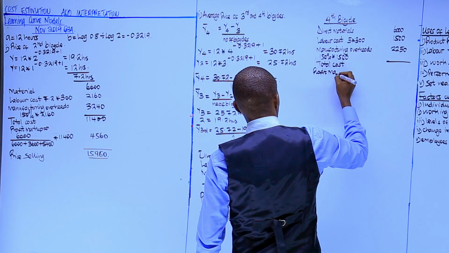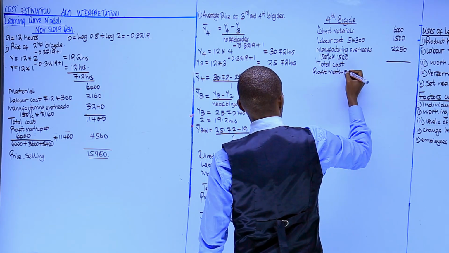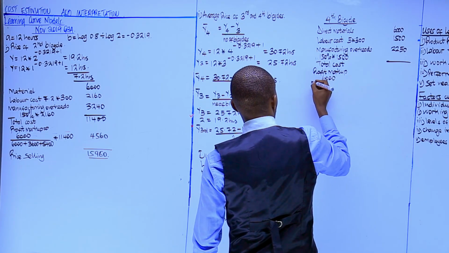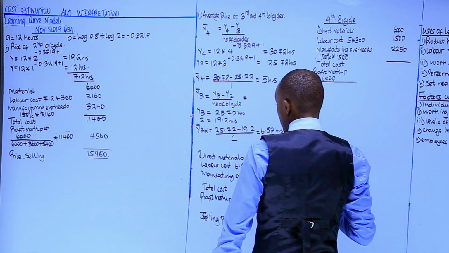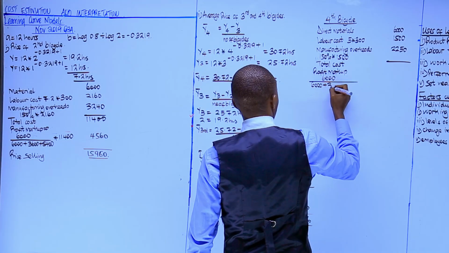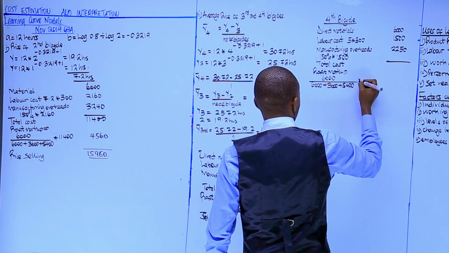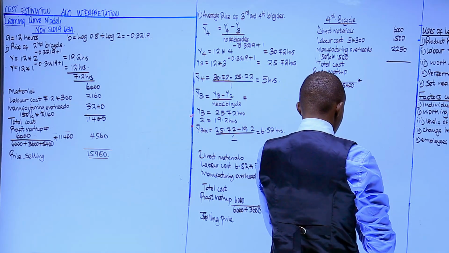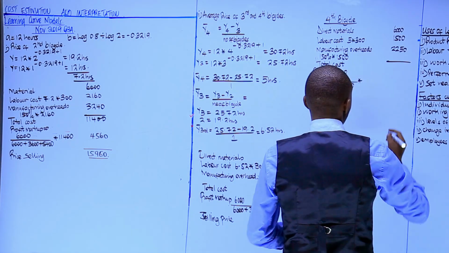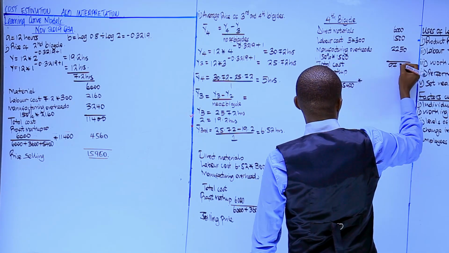Or if said this markup, you must determine it by taking your profit, not your selling price, your profit divided by your total costs of the first 6,000 plus 1,500 plus answer 9750.